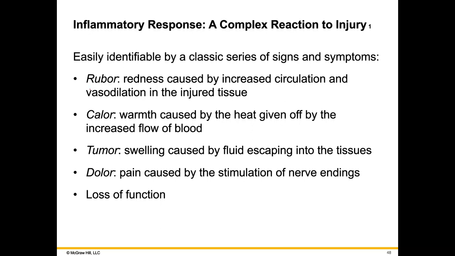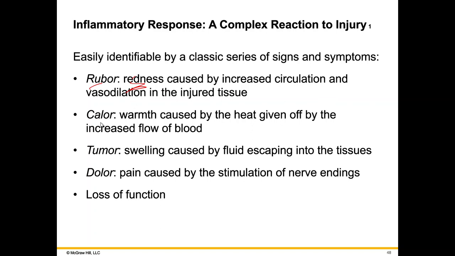Rubor means redness. And that redness is caused by an increased amount of circulation of the blood in that area due to vasodilation, meaning that your blood vessels are going to get wider, so more blood comes to the area at the site of an injury, so it can bring on more immune system cells with it.